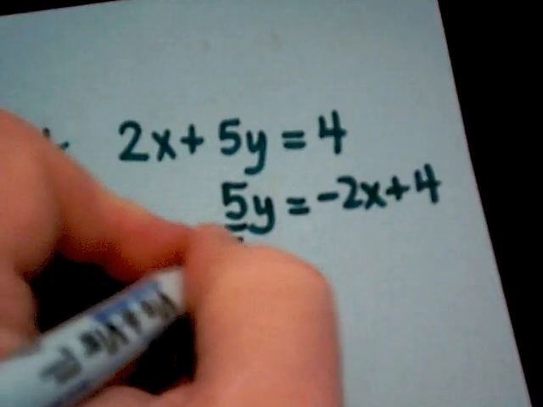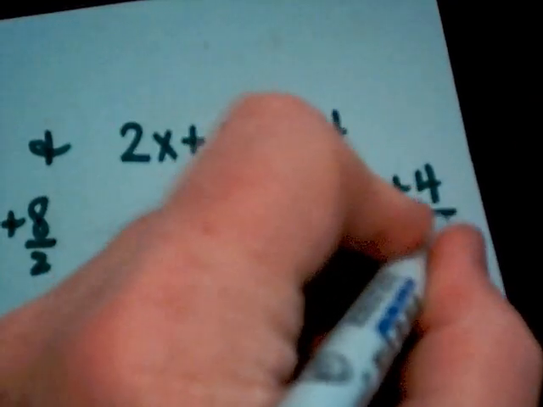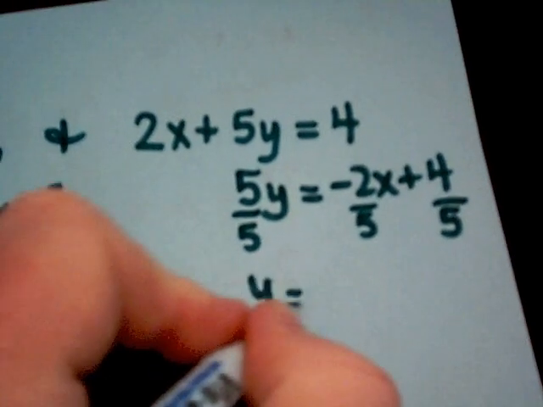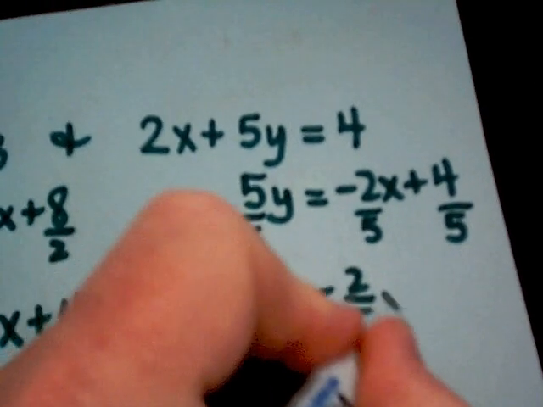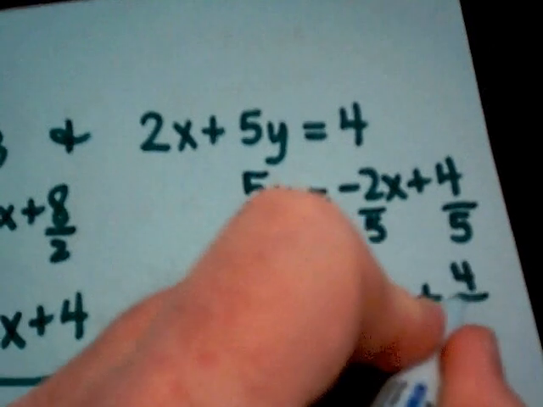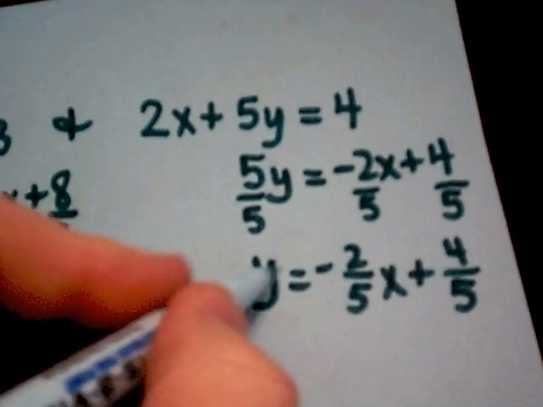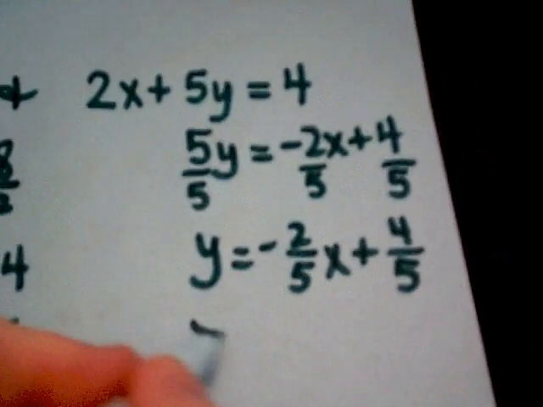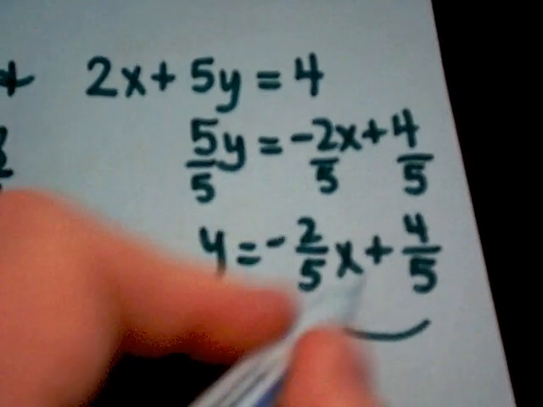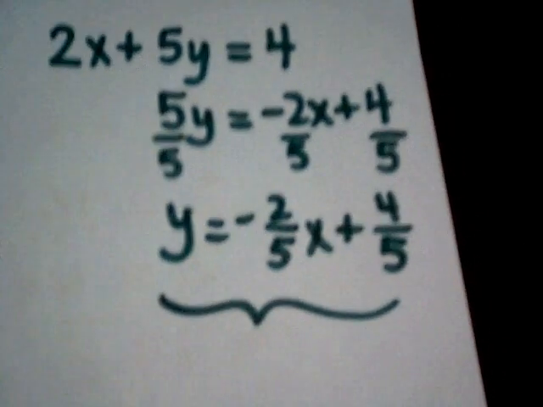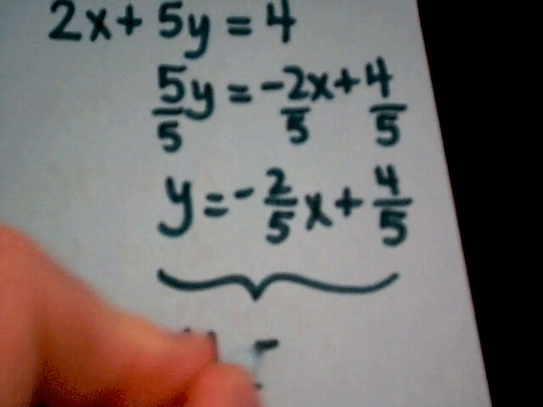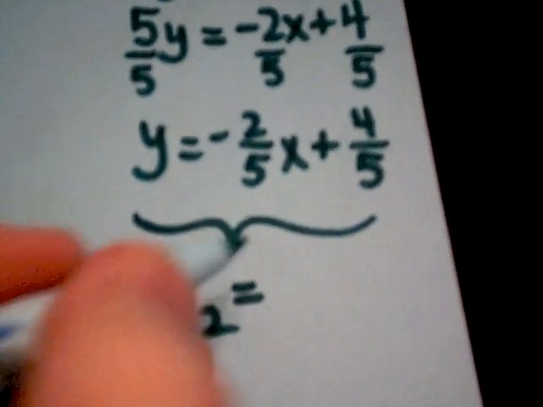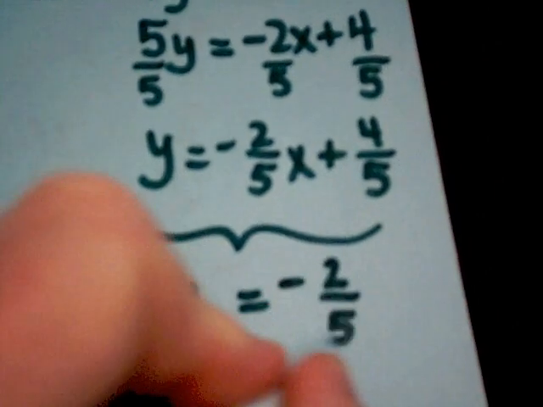I divide by 5. And I end up getting y is equal to -2/5 x plus 4/5. This is now in slope-intercept form, so I can clearly see the coefficient of the x is the slope. So m sub 2, which means the slope of line 2, is -2/5.